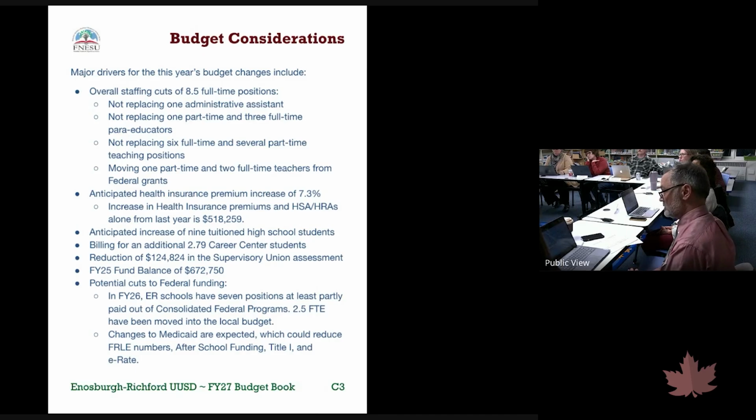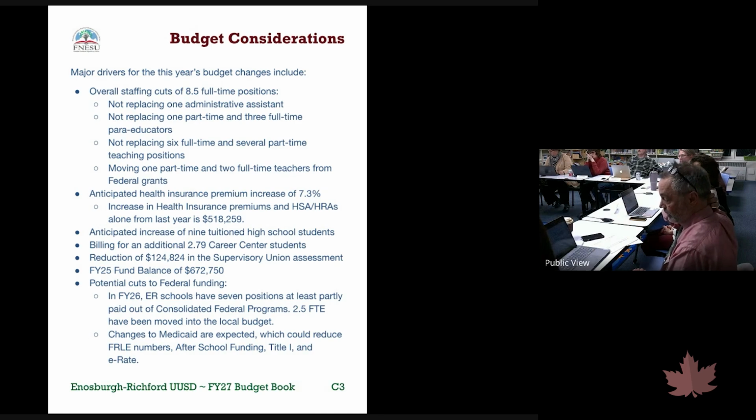Billing for tech center students is a little different, but we're going to be billing for more tech center students next year as well. The amount you're paying to the supervisory union for the assessment is down. That's both because the amount the SU is assessing is down, but also because your share of the assessment is down a little bit because of smaller growth here compared to the NMV side.